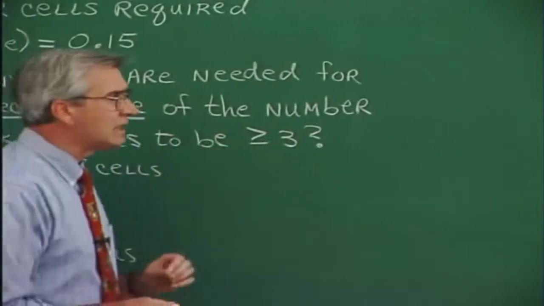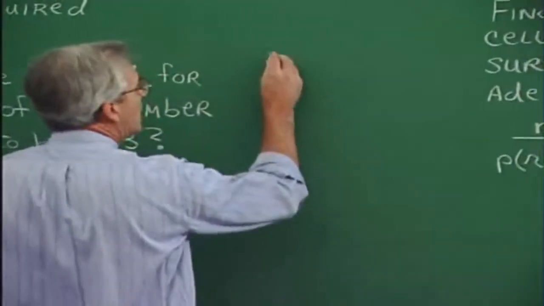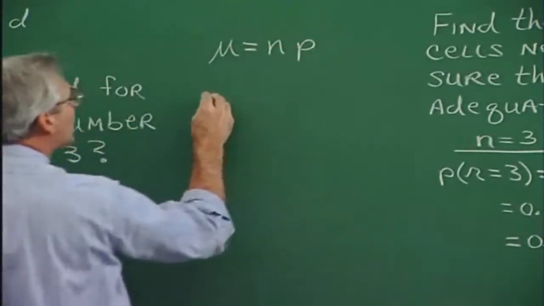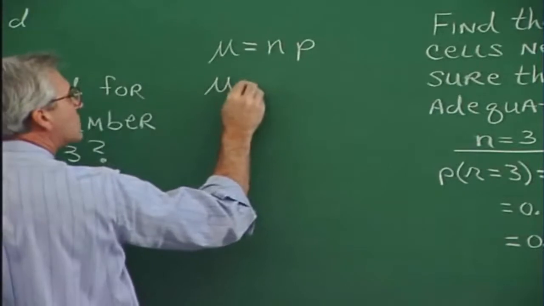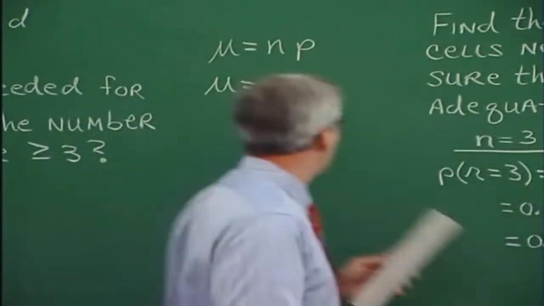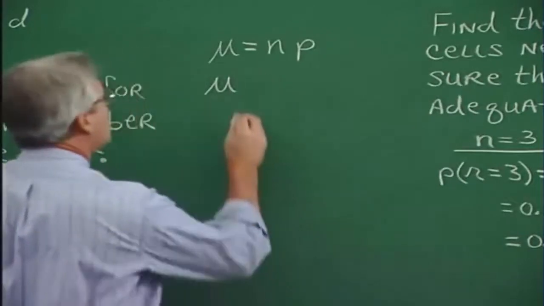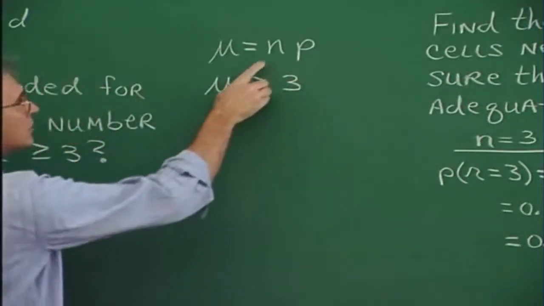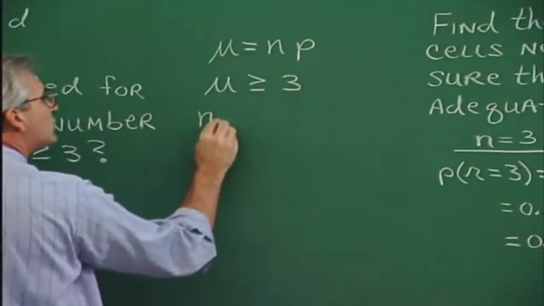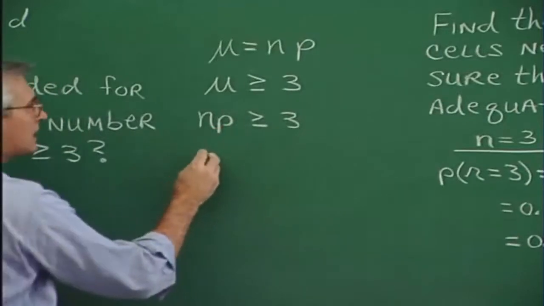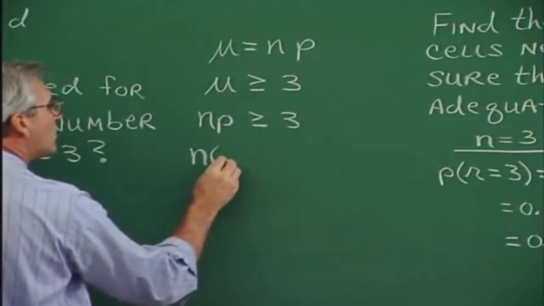Now what does that mean? We haven't really talked about it very much, but we know that mu is NP, and we would like for this mu value to be greater than or equal to 3. So if mu is NP, then NP needs to be greater than or equal to 3. And P, the probability of success, is 0.85.